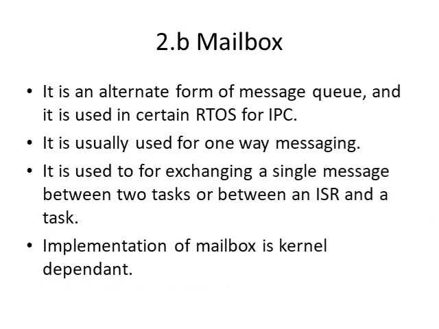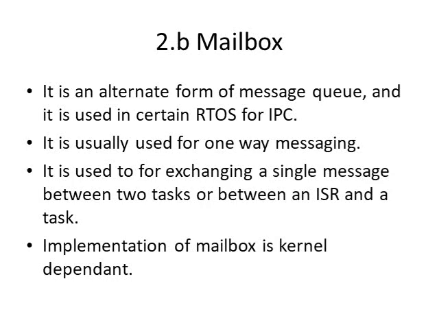Next, the second mechanism in message passing is the mailbox. Mailbox is an alternate way, similar to message queue, but the only difference is that message queue can be two-way messaging, whereas mailbox is usually used for one-way messaging.